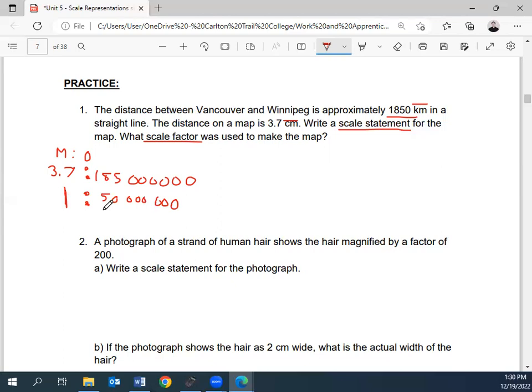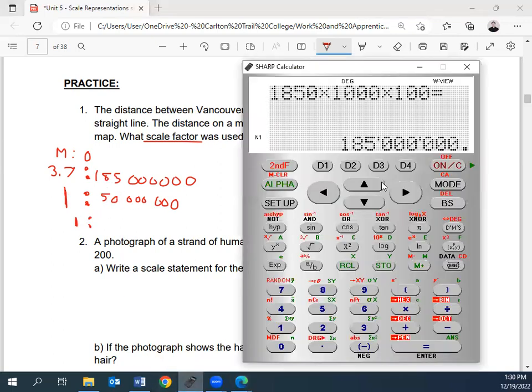But this is often going to be expressed differently, because our brain can't imagine that number, right? It's too big. It's hard to get a good idea of it. So what most maps do is, even though it's not the correct way, they just put it into a different unit. This is 50 million centimeters.